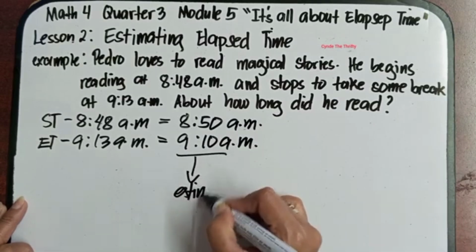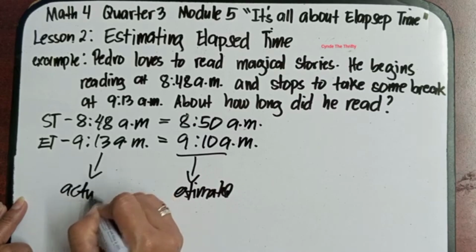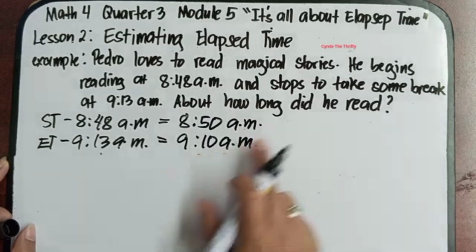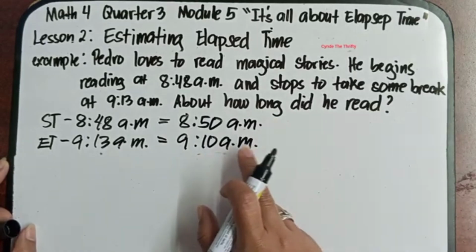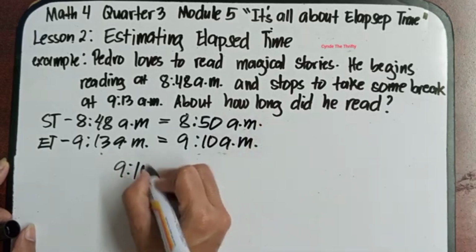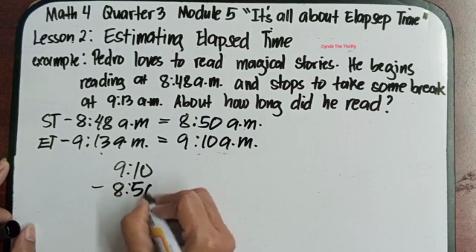Okay, so this is our estimated and this is our actual. Dahil na-estimate na natin ang ating starting time at ang ating end time, isubtract na natin sila. So, isubtract natin ang ating starting time from our end time. So, 9:10 minus 8:50.